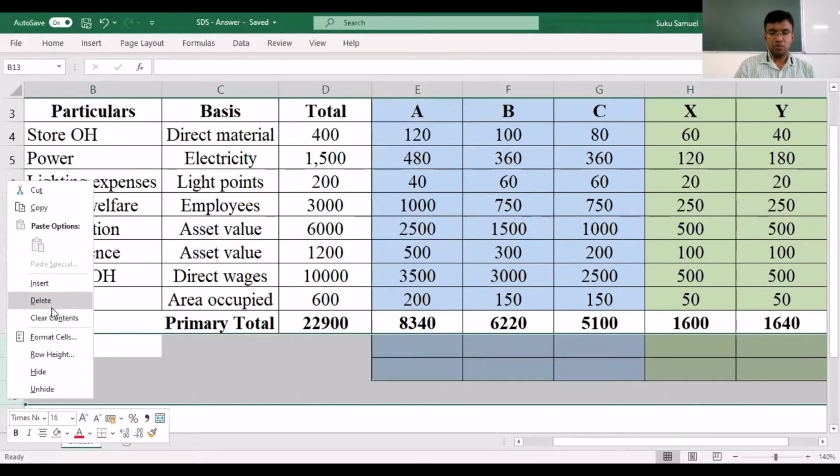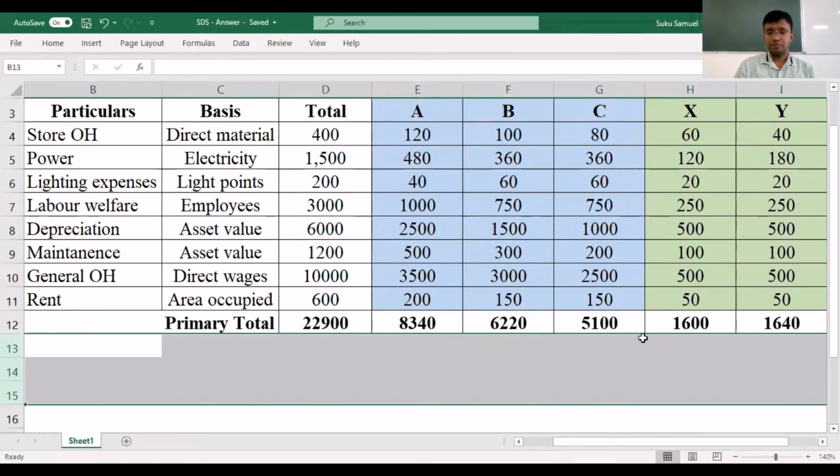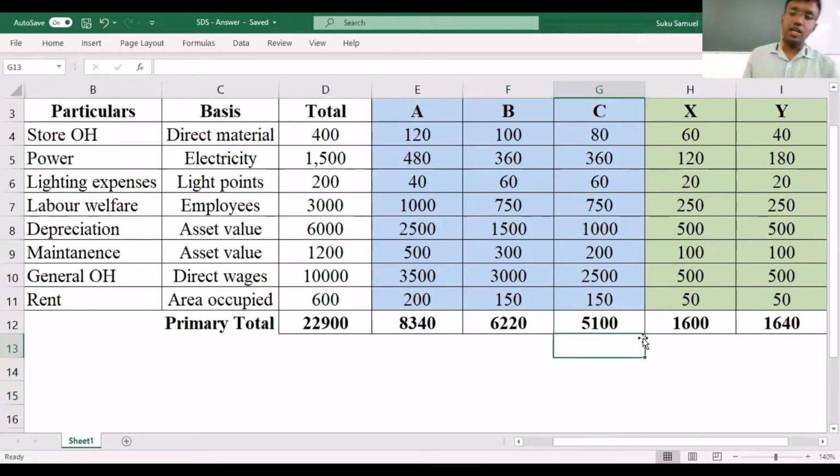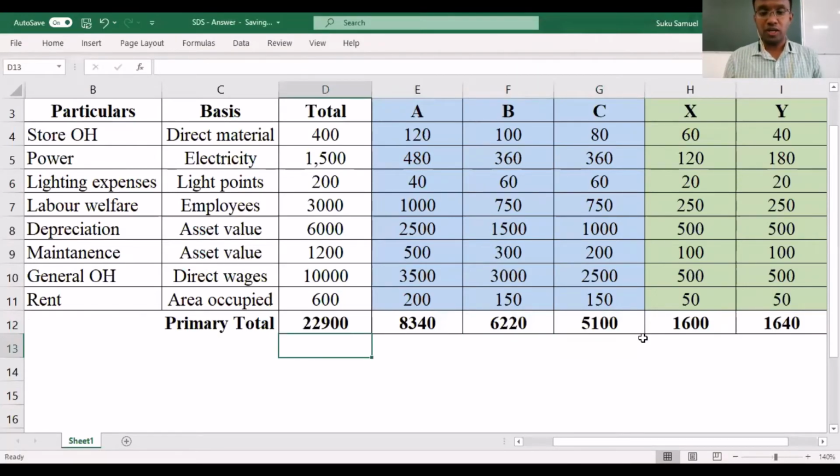What you have to remember over here is these are the total overhead shares for each department. Out of 22,900, which is your total overhead, 8,340 will be borne by department A, 6,220 will be borne by department B, C will be 5,100, X will be 1,600, and Y will be 1,640. One thing to remember is this is not over.